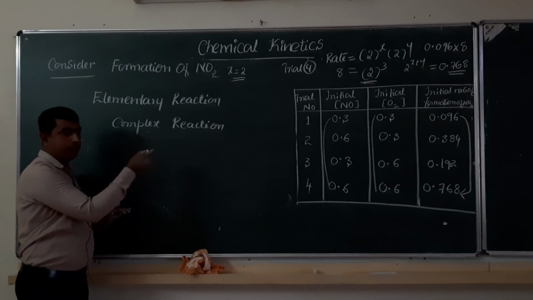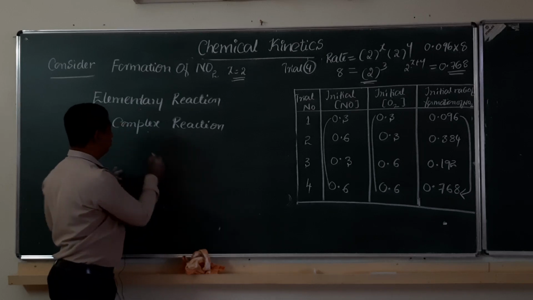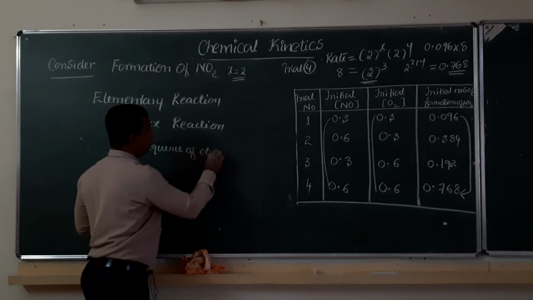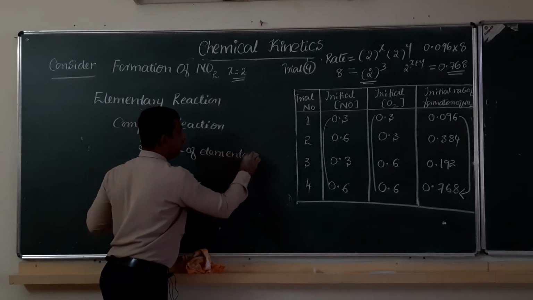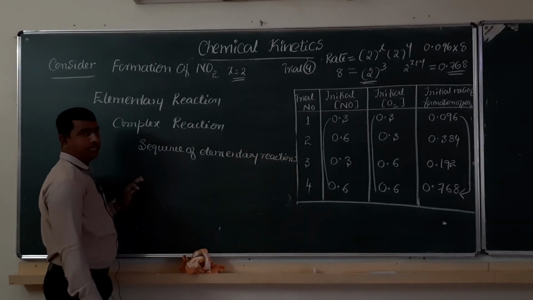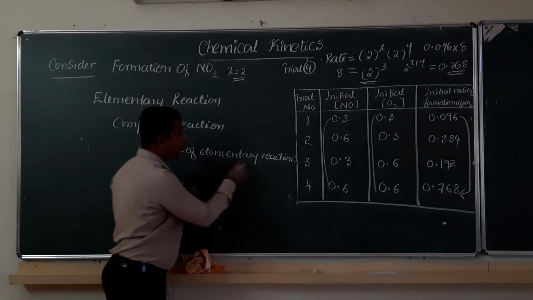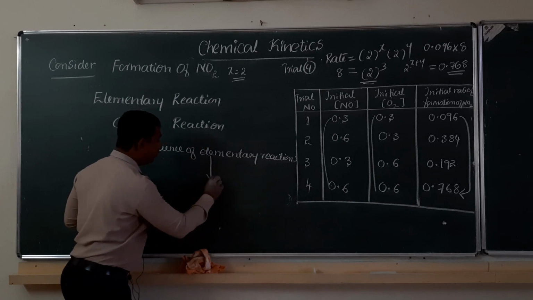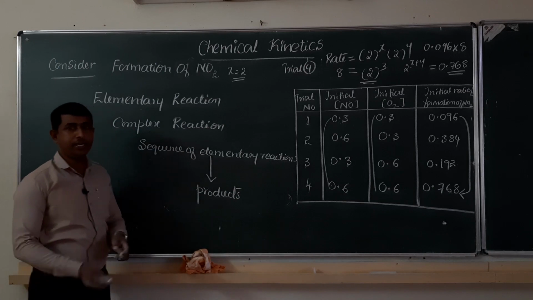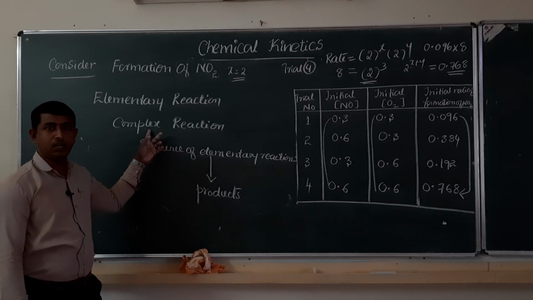Whereas complex reaction means reaction taking place in a sequence of steps, or I can say a sequence of elementary reactions. When a sequence of elementary reactions gives rise to products, then such a reaction is called complex reaction.